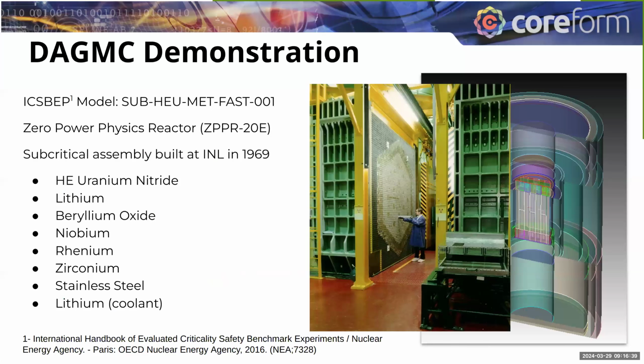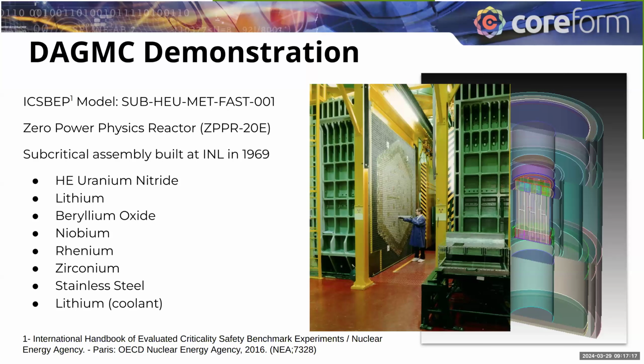So for this demonstration, I've pulled a model from the Criticality Safety Benchmark Suite, the ICSBEP handbook that's provided by the OECD NEA. In particular, this model is a simplified model of the zero power physics reactor that was built at the Argonne West facility, which is really Idaho National Laboratory, on their site in around 1970. Experiments were run on this for a couple of decades related to space power applications and fast reactor breeder applications and things like that.